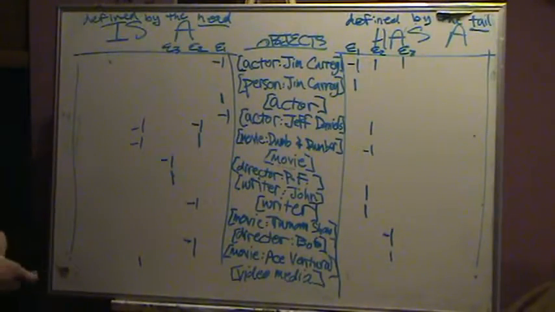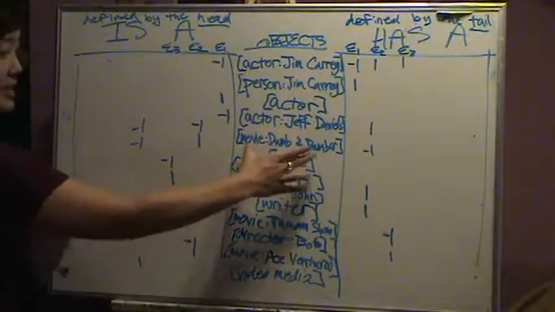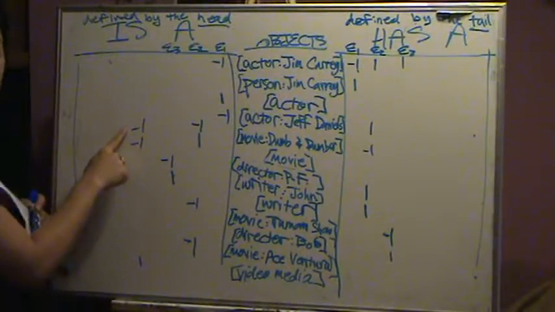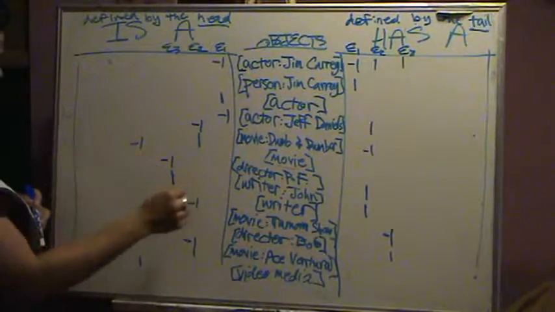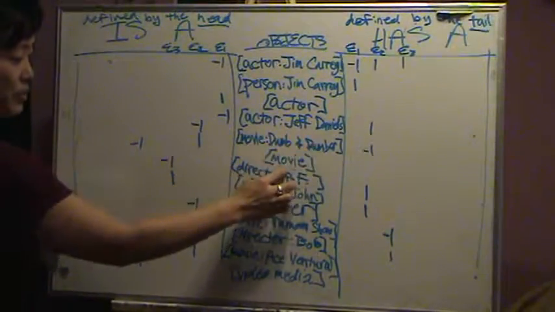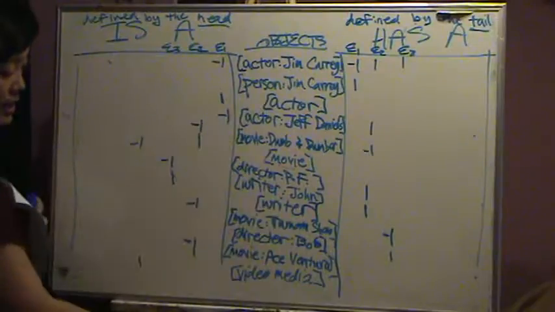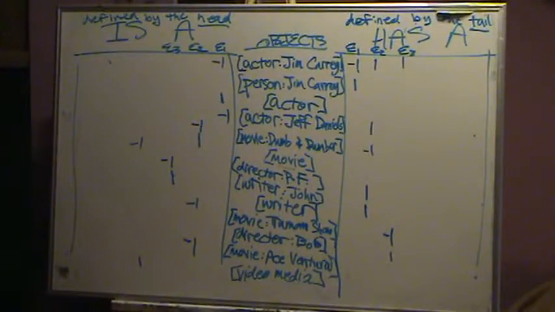So by parsing the matrices, we could see that this entry right here is a redundancy, and it's better to describe movie Dumb and Dumber as a movie, which then itself is a video media.